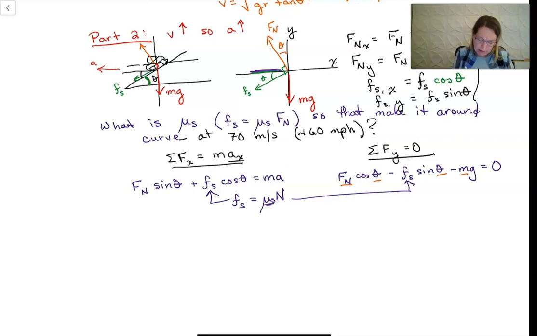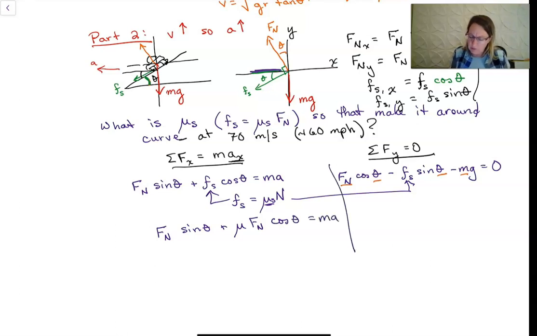So I'm going to put this in, and I've got force normal sine theta plus mu force normal cosine theta is equal to ma. And similarly over here, force normal cosine theta minus mu force normal sine theta minus mg equals 0. And I'm going to have to do the rest of this in the very next video.